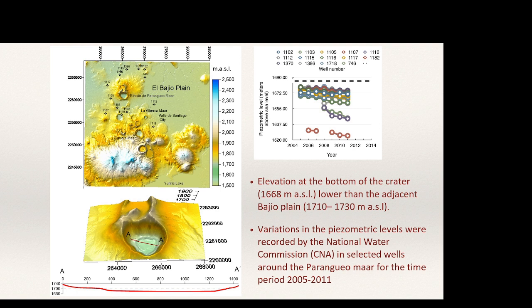Once the lake was desiccated, then began the process of land subsidence, and a lot of fractures formed in the crater, and these fractures provoked the descent of the surface of the crater down to 20 meters from the original level.